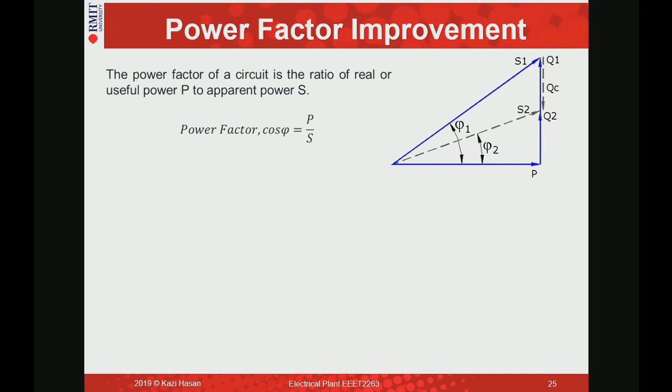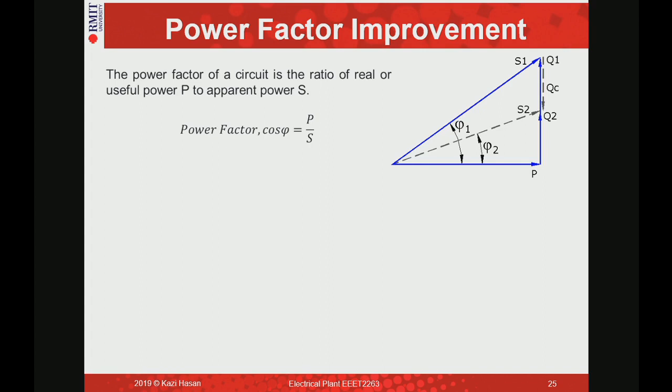Just in the previous problem, when we calculated real power, our equation was 3I square R, means real power is related with the resistance. Then when we calculated reactive power, the equation was 3I square X. It means reactive power is related with the capacitor or inductor, that element.